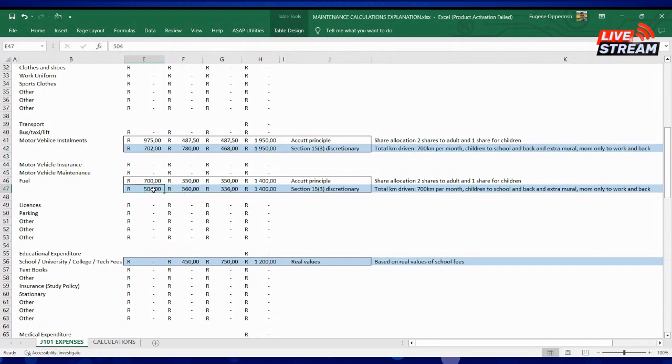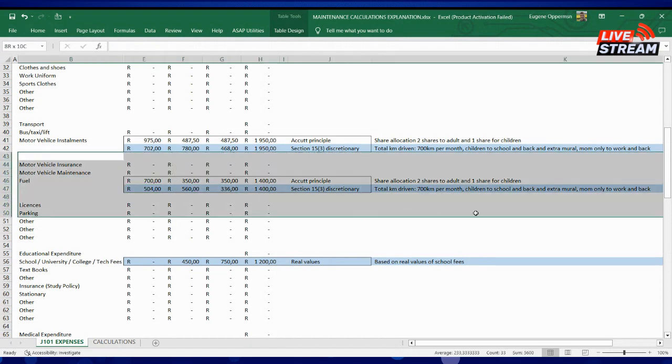Now we can actually work it out, and this looks much more fair and reasonable on paper, because then you can actually prove and justify that for the 6-year-old, 504 Rand is spent in terms of fuel, 560 for the 17-year-old, and then for Mom, 336 Rand, or whatever the case might be.